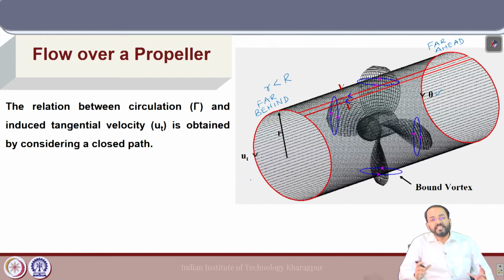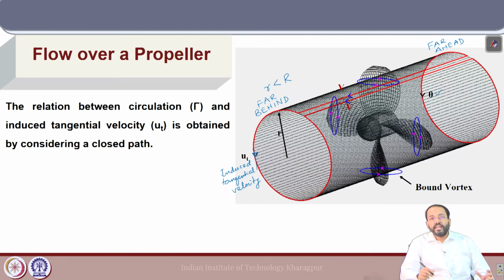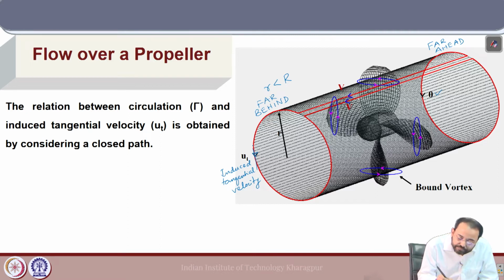So, the trailing vortices shed from the edge of the propeller blades will induce a velocity downstream, and due to that we take that the tangential velocity which is induced, this is the induced tangential velocity ut far downstream, okay, and on top of that there will be an induced axial velocity.